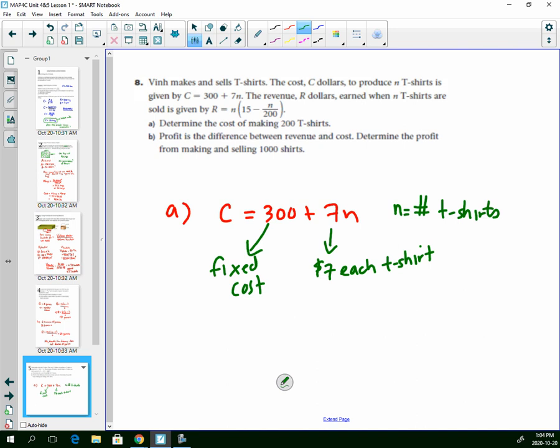So it says determine the cost of making 200 t-shirts. So I just used the formula. 7 times 200. And then add it to 300 fixed cost, gives me $1,700. Okay, so that's fairly simple.